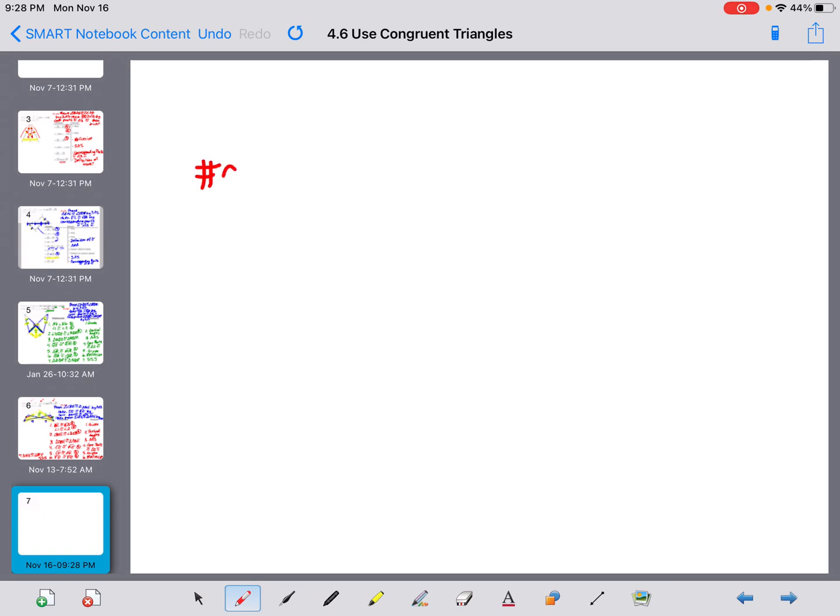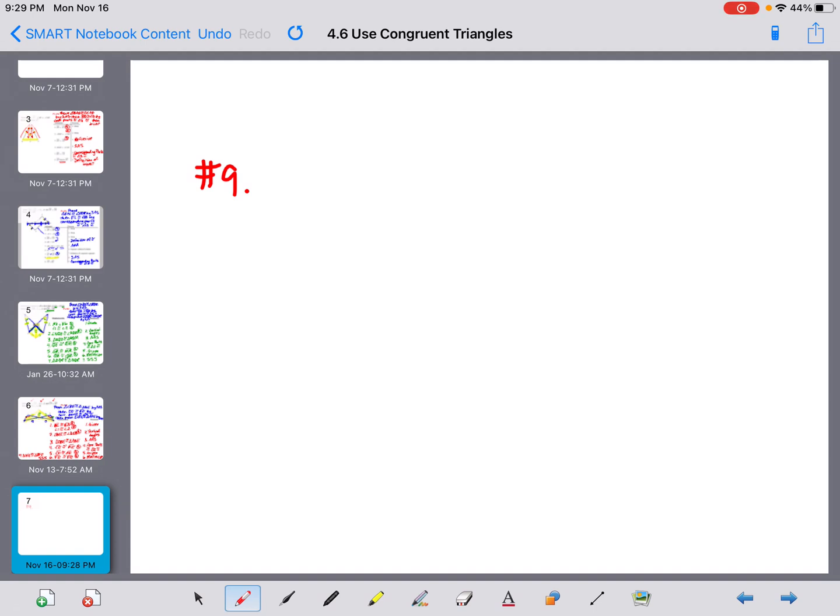Okay? It gives you a bunch of coordinates, and it says use these 6 coordinates to prove that your angles A and D are congruent. Well, how in the world do you use coordinates on a coordinate plane to prove angles congruent? Probably aren't going to prove them congruent just by coordinates, but what can coordinates prove?